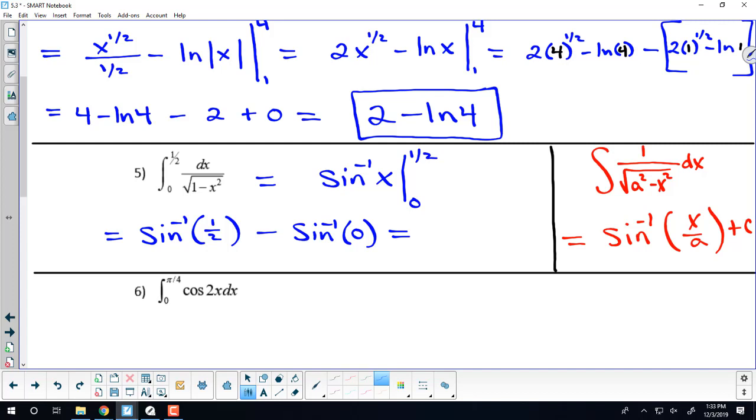Pi over 6. Inverse sine of 0: the sine of what angle gives me 0? 0. So we get pi over 6 minus 0. Do y'all have any questions?